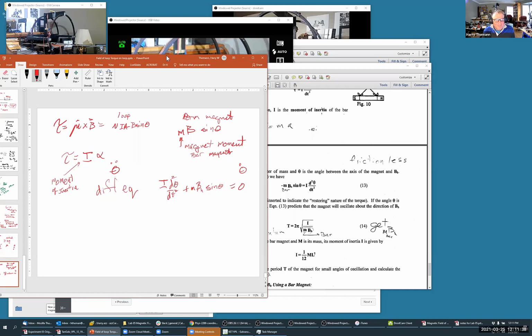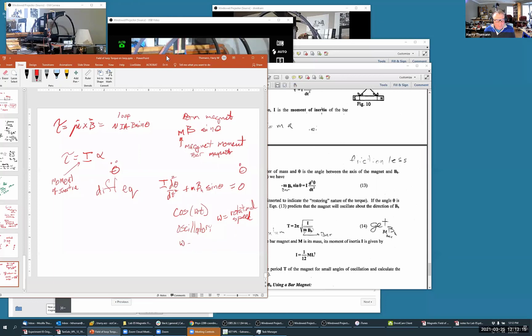And the general solution to this is cosine omega t in a nutshell. And omega is the linear rotational speed. And so we also know that this is oscillatory, and that means that it repeats, right?